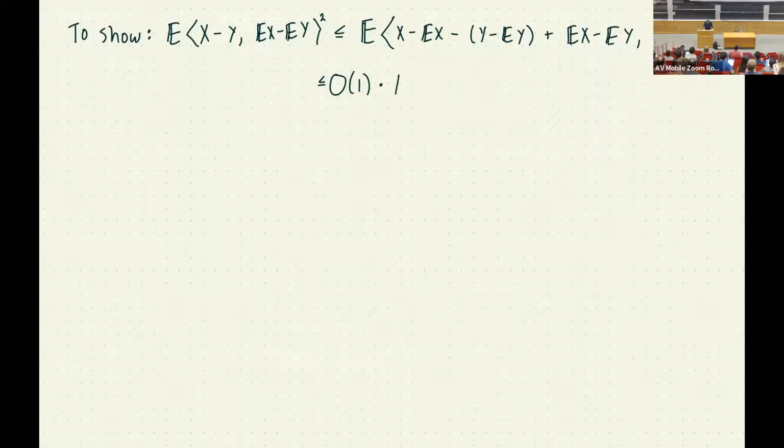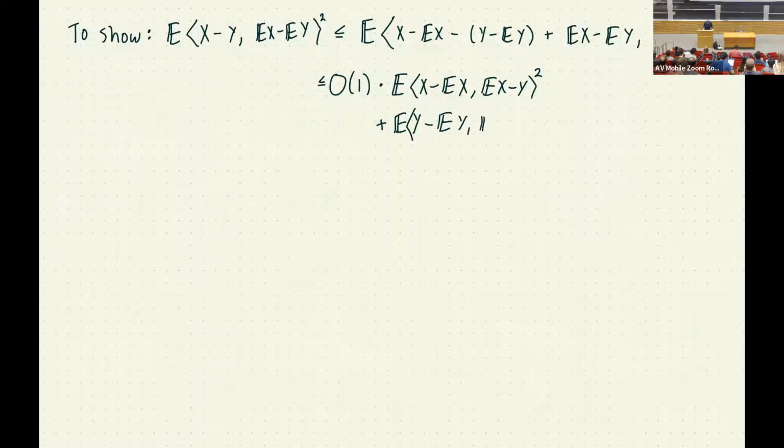O1 times expectation, so that came from this term, x minus expectation x against expectation x minus expectation y, plus expectation y minus expectation y.